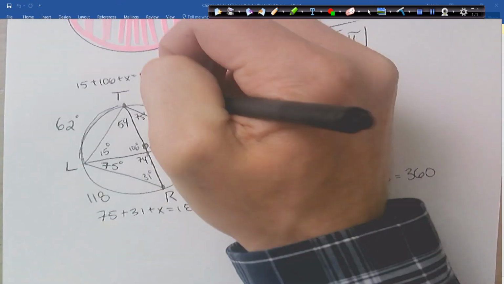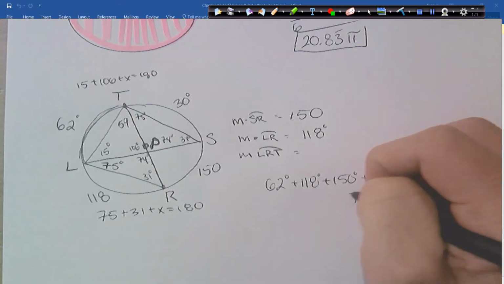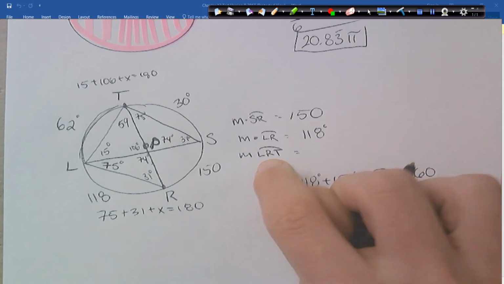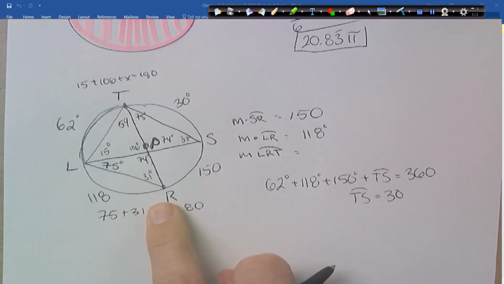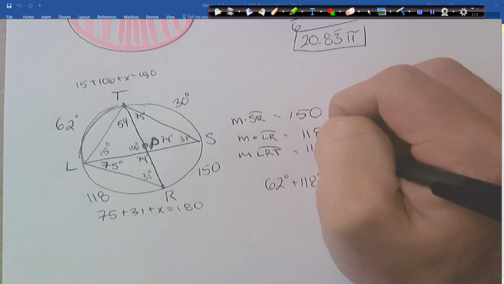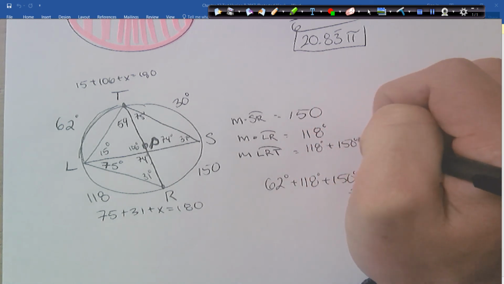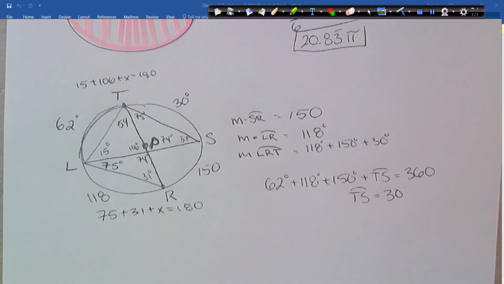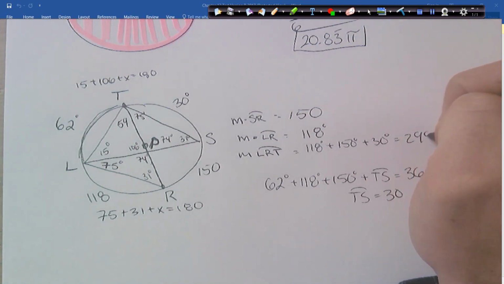So we're left with 30 degrees left here, so TS is 30. I want LRT, so LRT is going to be this plus this plus this, so it's going to be 118 plus 150 plus 30. And we're going to get 298.